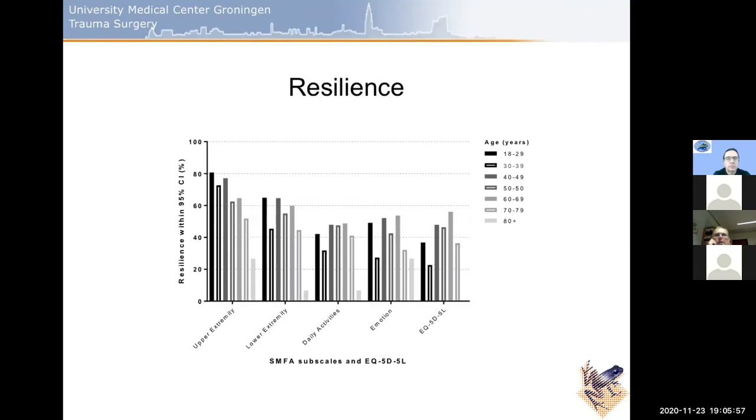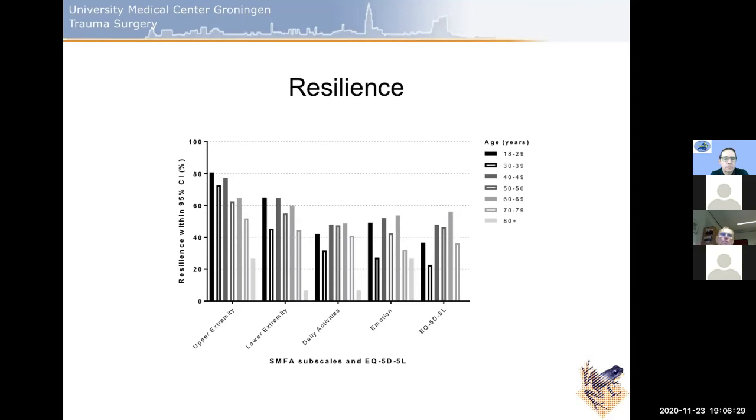And if you see here the 4 subscales and the EQ-5D, then we can talk about resilience. What do we mean with resilience? Resilience means that after rehabilitation you reach the confidence interval of age- and sex-matched peers of the general Dutch population.